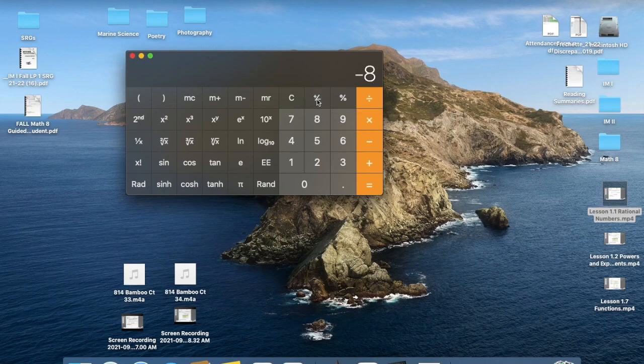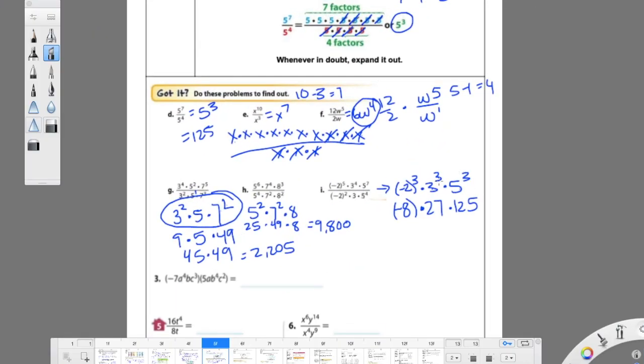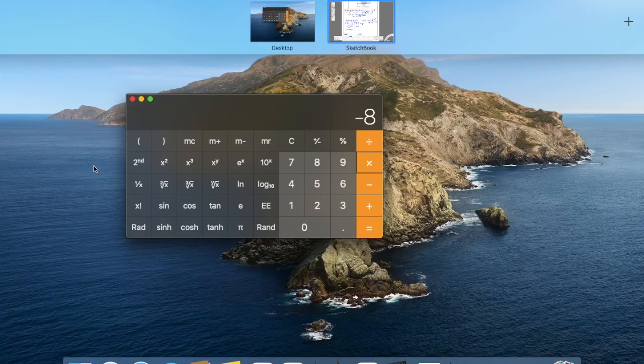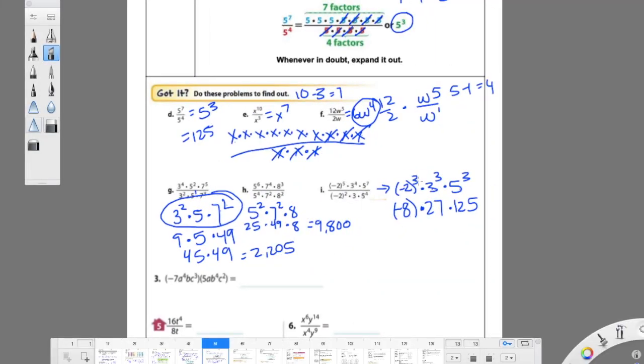So I can go -8 times, and it would help if I remembered my numbers here, 27 and 125. 27 times 125. So this will give me the whole number. I just need to make sure I put my comma in here when I'm answering the question. So negative 27,000.